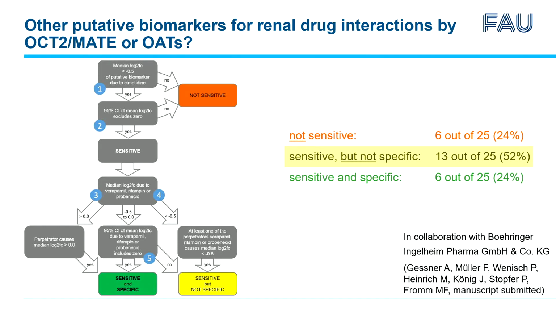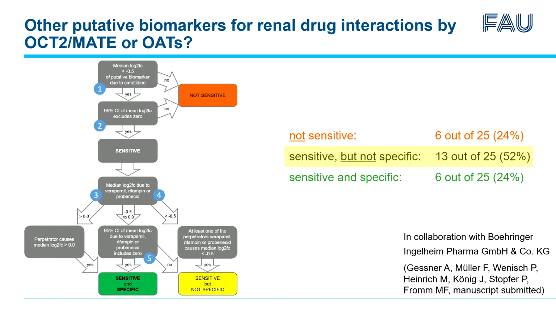And in the end, it turned out that 6 out of the 25 were both sensitive and specific, using these respective decision trees. And of course, those 6 would be the ones to look at further in other studies and clarify regarding in vitro data if they are missing and so on.